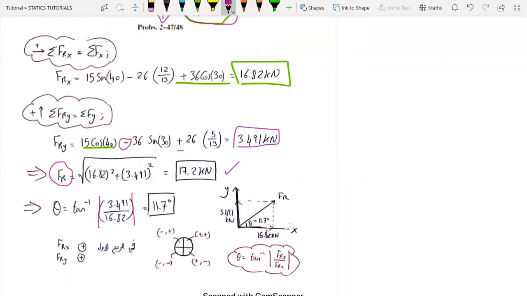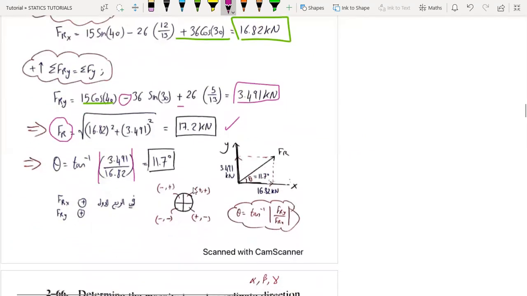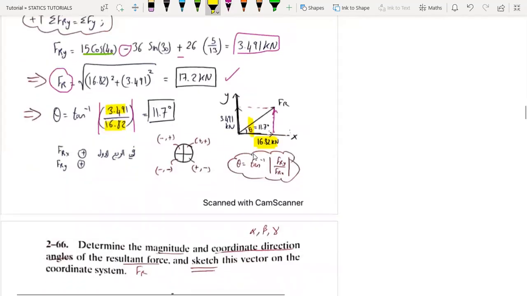Here we are again in the first quarter, so it's direct. The y component is 3.491 over the x component of the resultant force, which is 16.82, and we are going to get this angle to be 11.7 degrees.